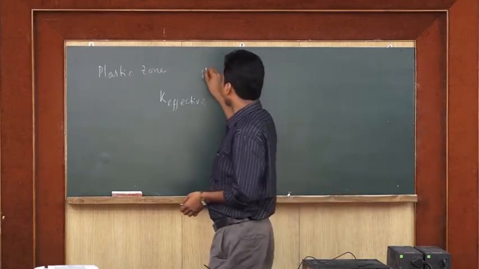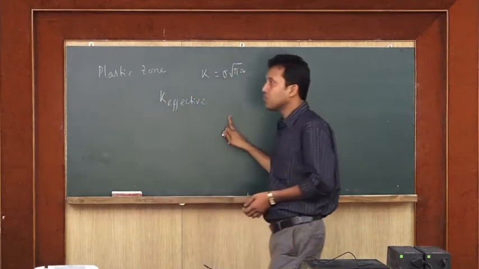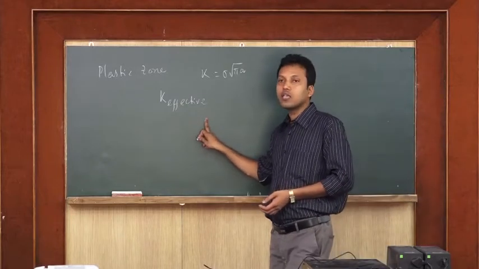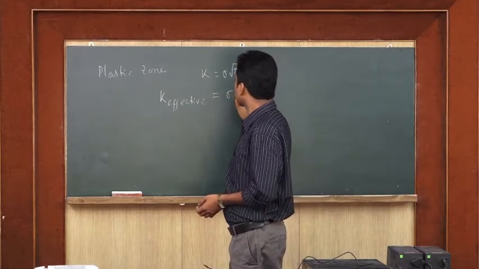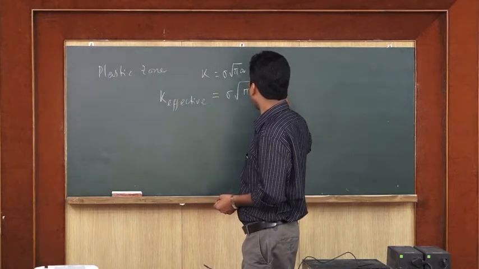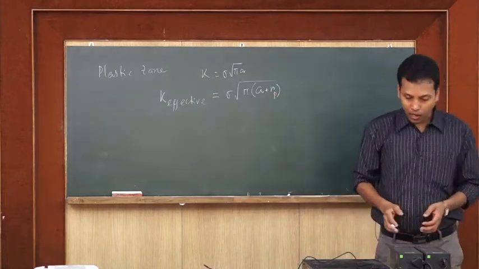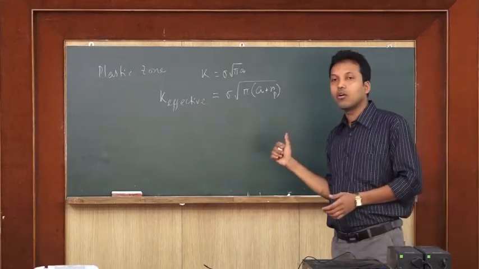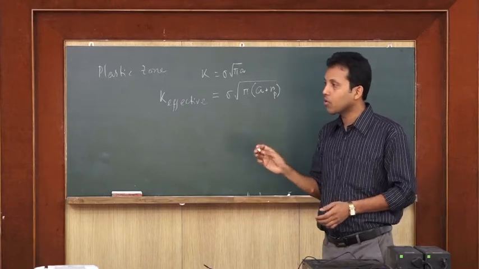So we know K equals sigma root pi a, but to measure K correctly we have to find the effective K, and this effective K equals sigma root pi (a plus r_p), with r_p the plastic zone.